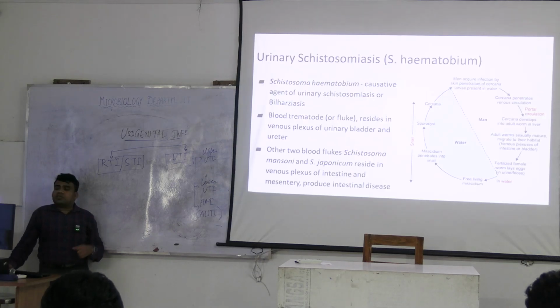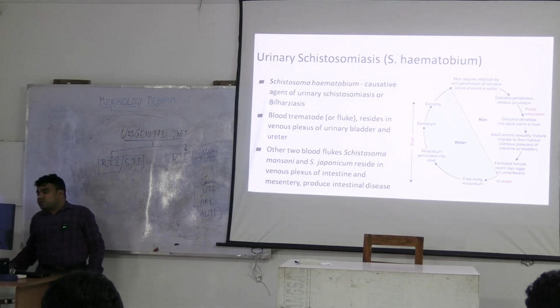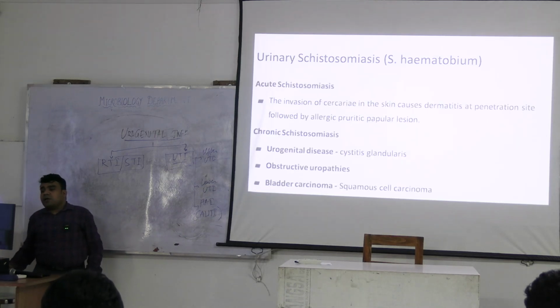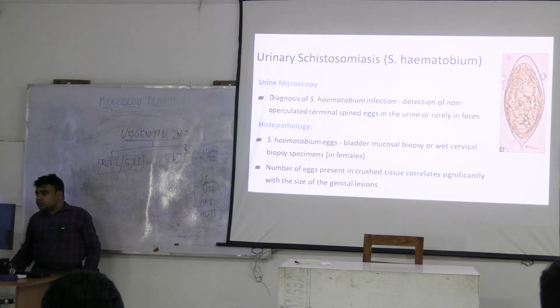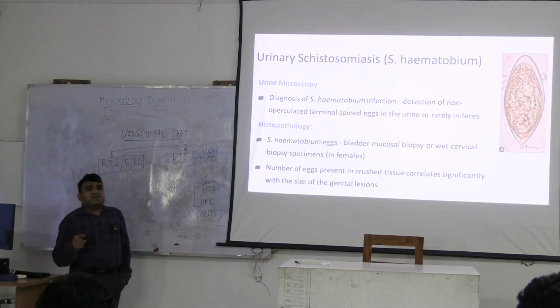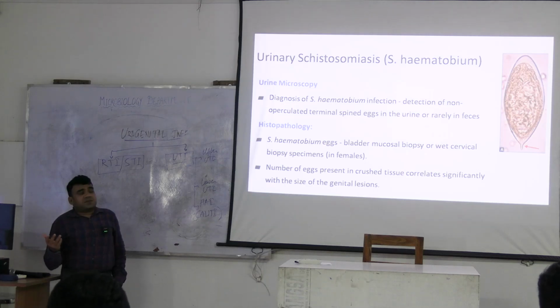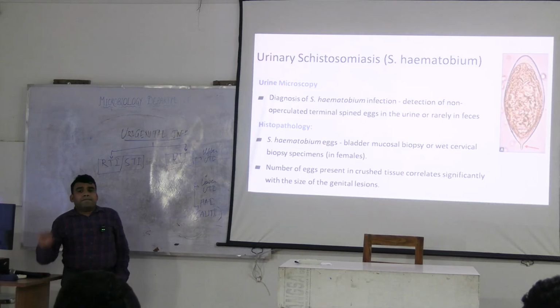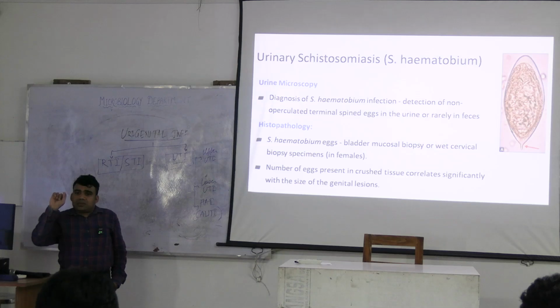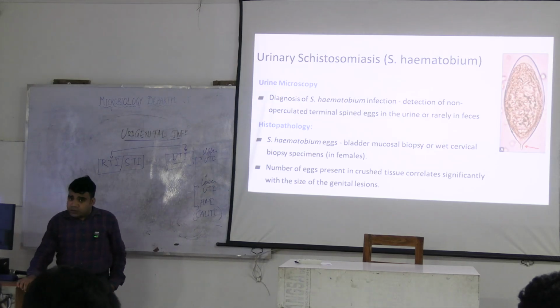Among the parasitic infections, we can have urinary schistosomiasis, where Schistosoma haematobium, the adult worm, survives in the vesicular venous plexus and may lead to acute or chronic schistosomiasis. This is the egg of the Schistosoma. You can find this spiculated spine on the egg. What actually happens is that the adult worm lives in the vesicular venous plexus, and when it lays the eggs, it comes from the venous plexus into the bladder mucosa, penetrates the bladder mucosa, and then discharges the egg in the bladder walls.